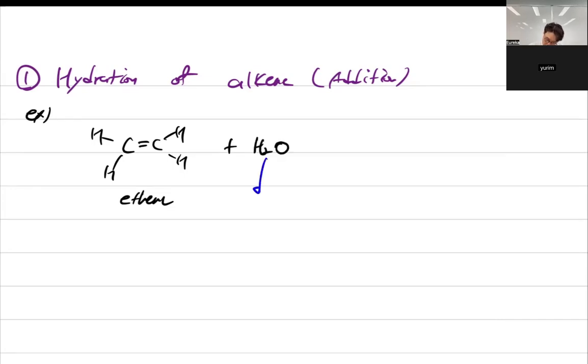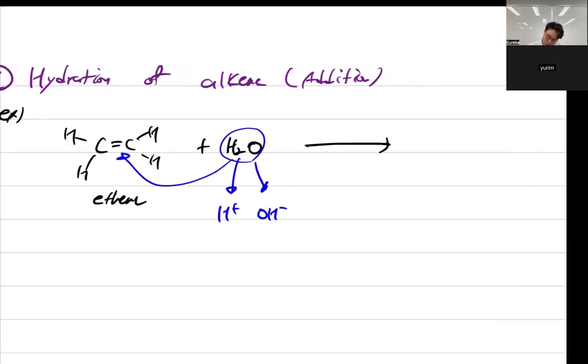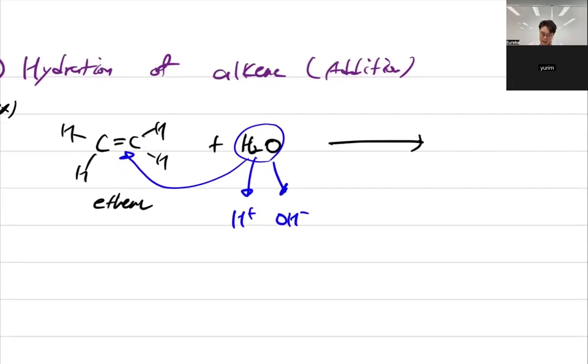Then what happens to the water is that it is going to be separated into the hydrogen ion and the hydroxide ion. And basically it will be added onto this double bond. So the structure of that will look like this. Because water is not strong enough to break the double bonds of the ethenes or the alkenes, we need a bit of help from the concentrated, sorry, the diluted H2SO4, which is sulfuric acid.